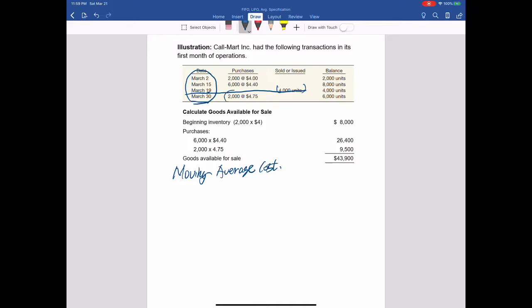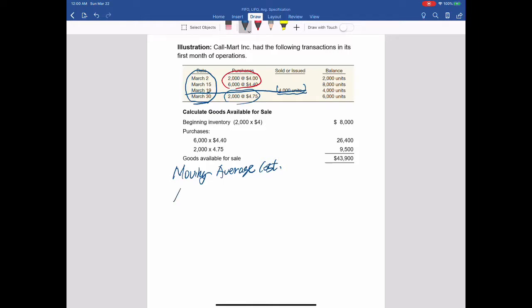So this information is not available by the end of the month. The moving average means we just use all the purchase available to determine the average cost. So because before the sales, there's only 2 purchase available, the cost of this inventory is determined by the average of the first 2 purchase.